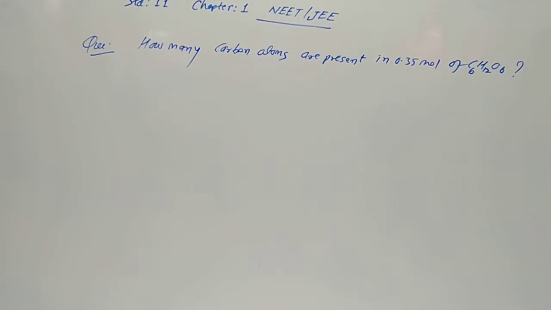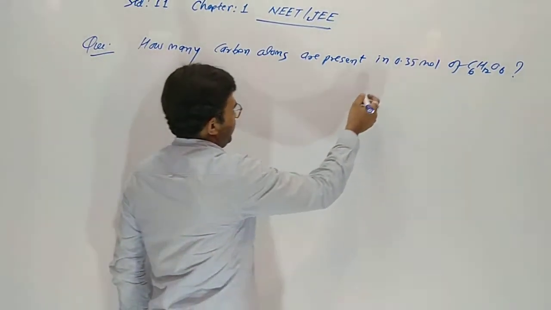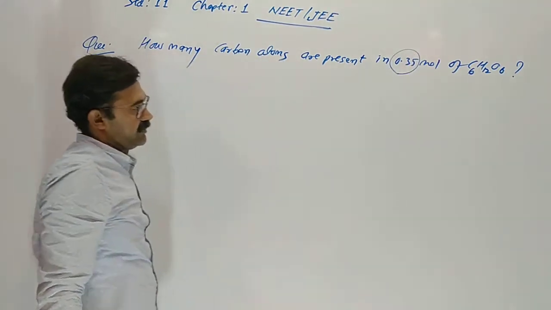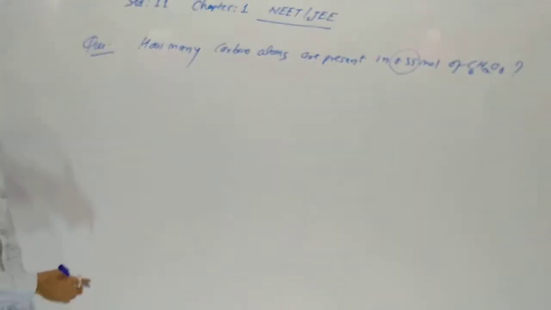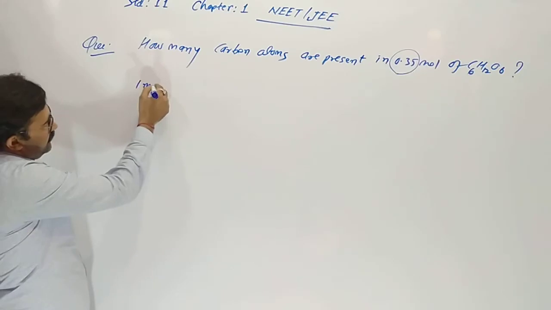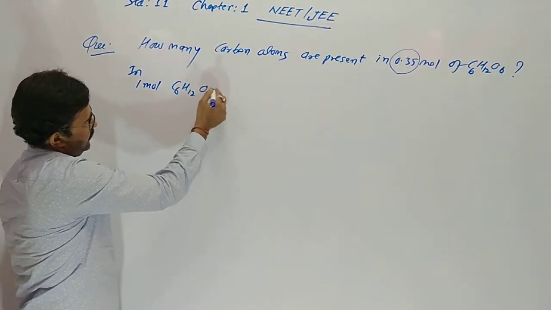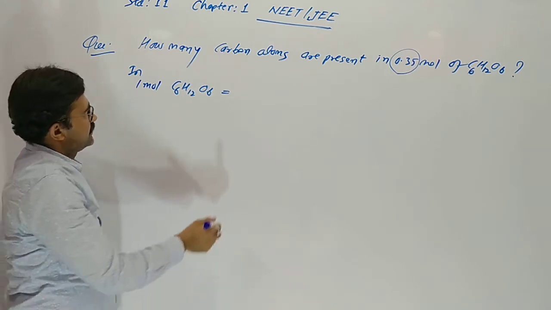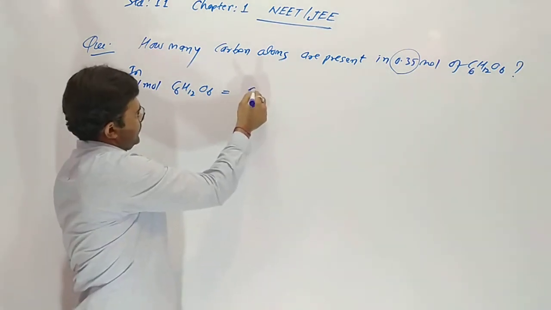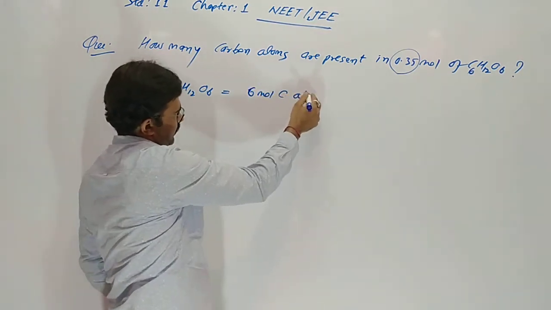Now next question. How many carbon atoms are present in 0.35 mole of glucose? In 1 mole glucose, there are 6 mole carbon atoms.